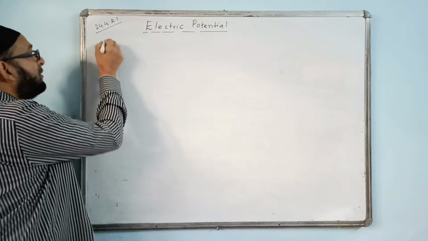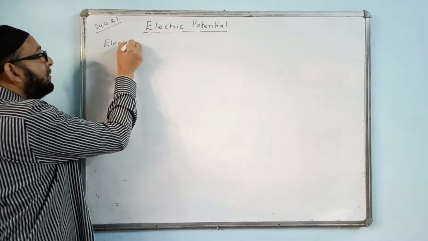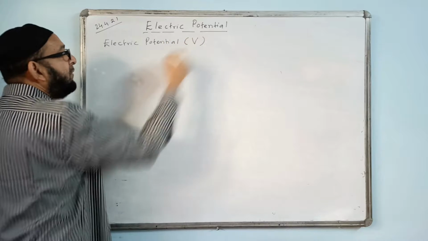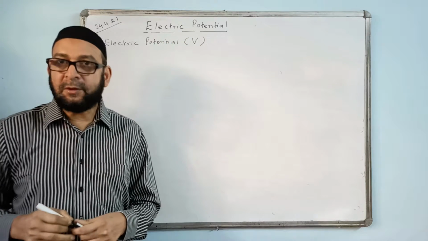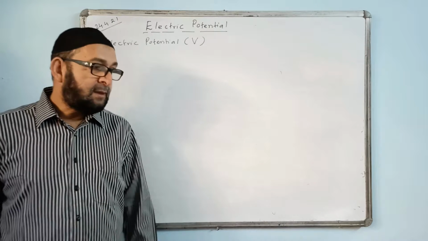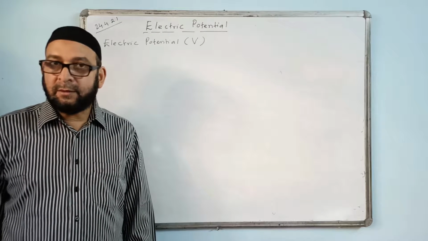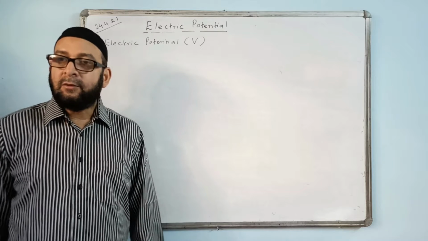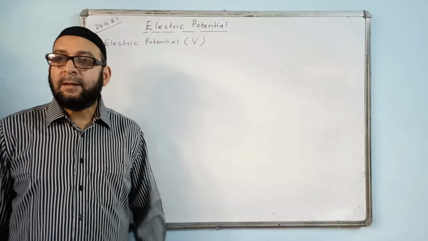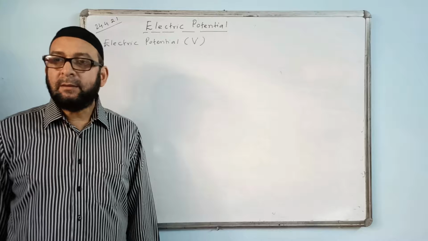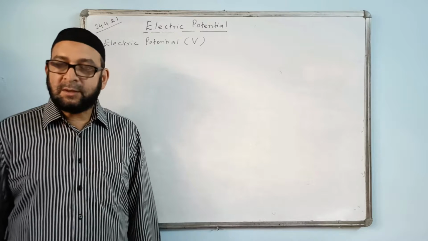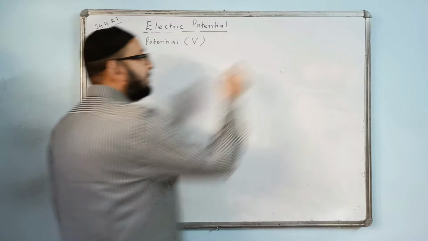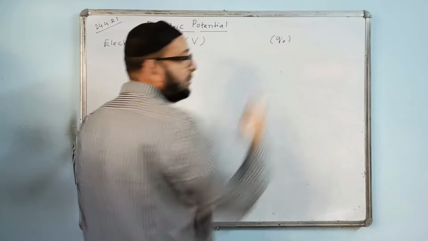Okay. First is the definition of electric potential. This is denoted by V. How do we define electric potential? We say it is the amount of work done to bring a unit positive charge, that is test charge Q naught.